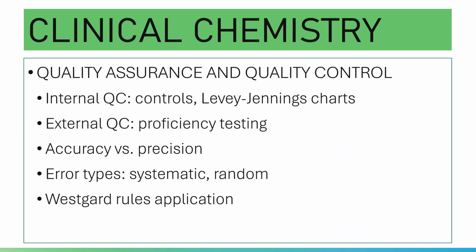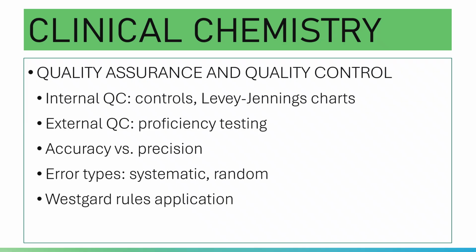Anyway, internal QC is done daily, and it should be done before running the samples. Please make sure that all of your quality control results are within the acceptable range.